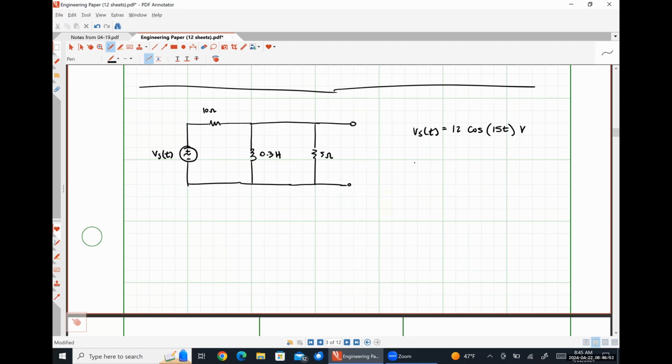And I want us to find the time domain Thevenin equivalent circuit.